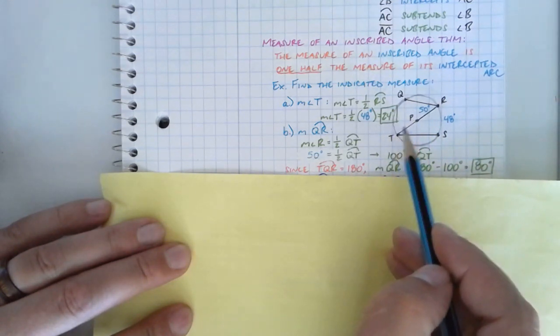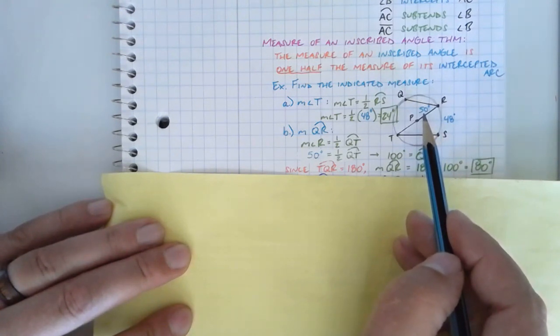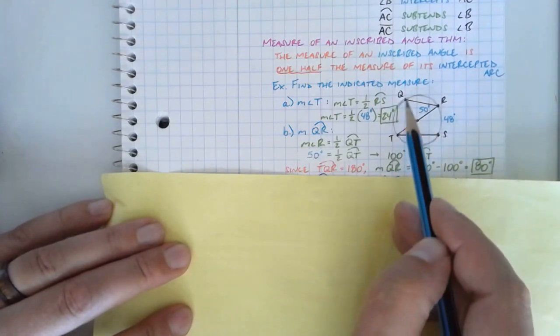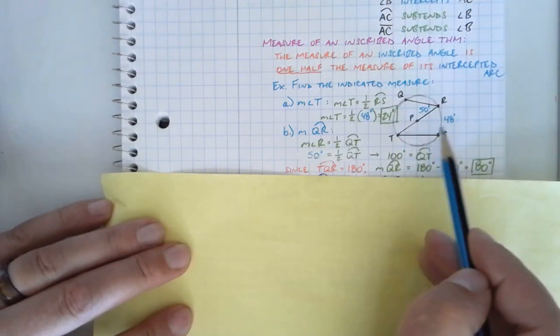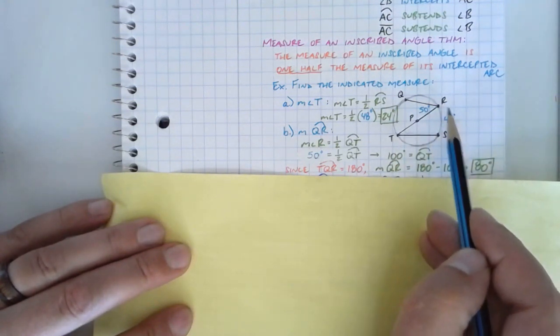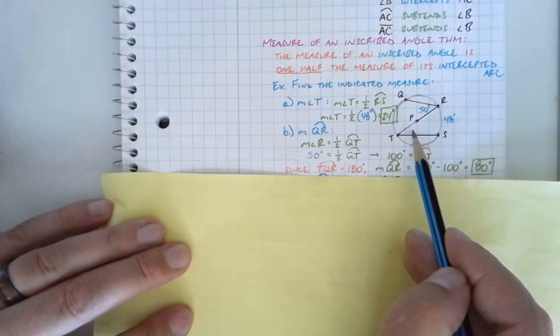The inscribed angle will always have to be smaller. So the 50 degrees will be smaller than the 100 degrees of arc QT. This angle T has to be smaller than the 48 for its intercepted arc, so I would divide that by 2 to get 24.